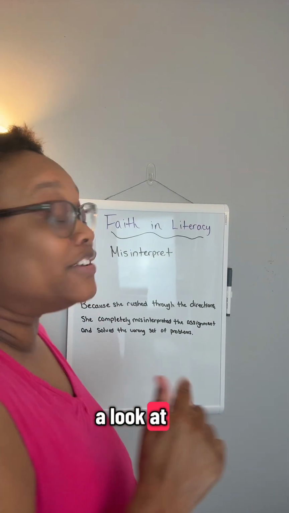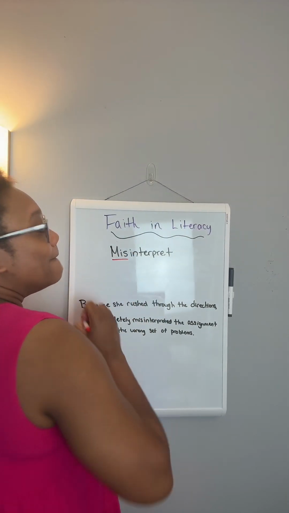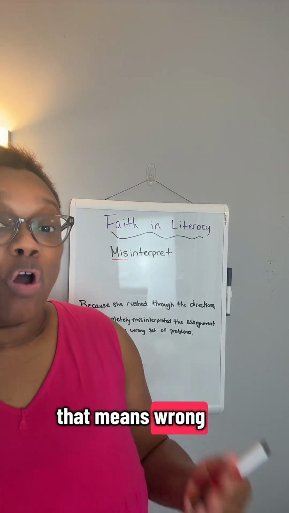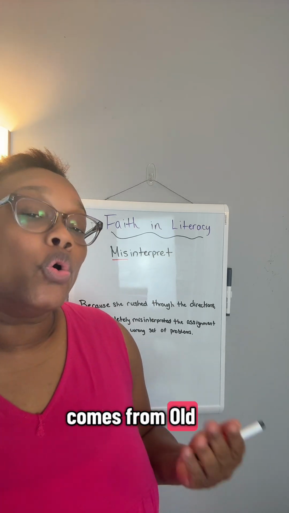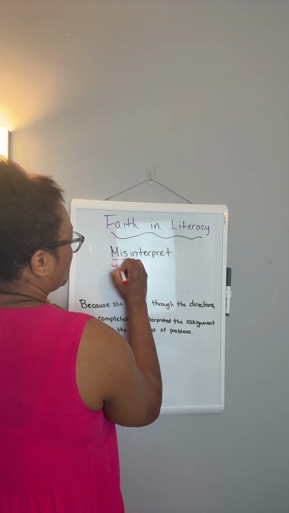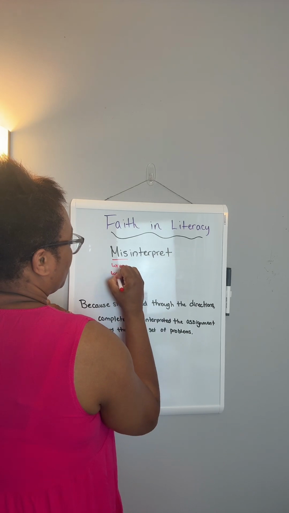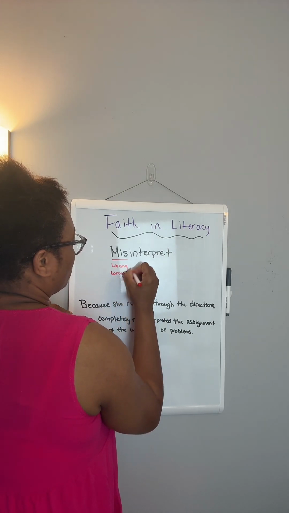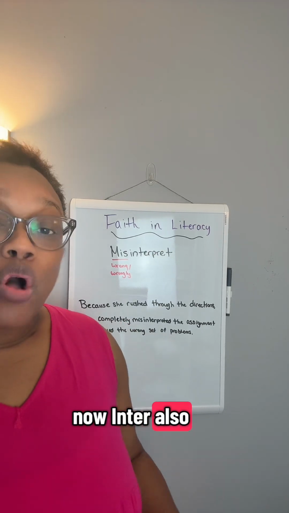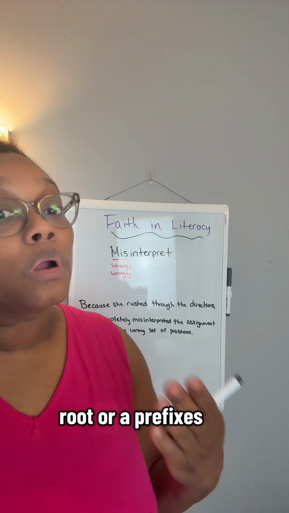So let's take a look at the first part. Mis. Mis is a prefix that means wrong or wrongly, and comes from Old English. Now, inter also can be a root or a prefix.